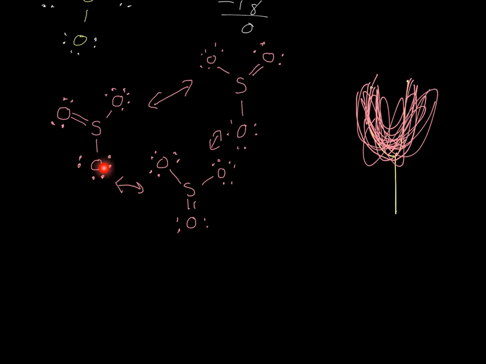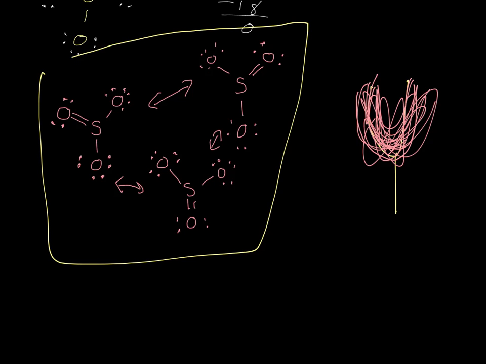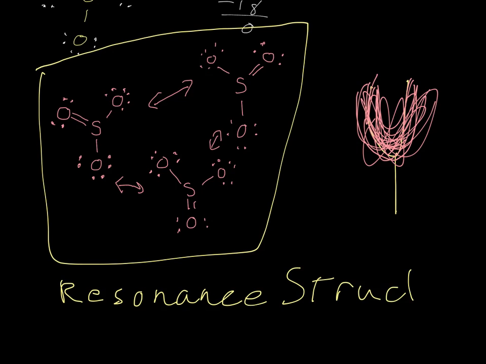Because this is a convenient way of thinking about this, we actually refer to the three structures that I've drawn here as resonance structures. None of these resonance structures actually exist. What actually exists is a combination of all three.